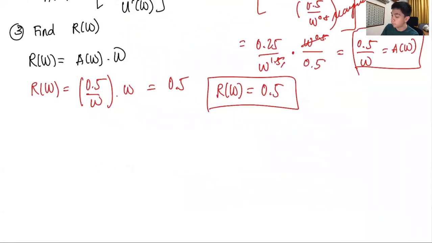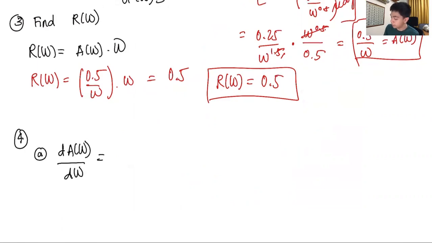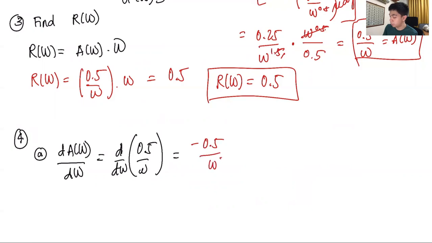So 4 is what happens to the degree of absolute risk aversion. Let's do 4A first. That's dAW over dW. Remember, we're going to take the derivative of this with respect to W. So that's 0.5 over W. If I take the derivative of this, that's just going to be equal to negative 0.5 over W squared.